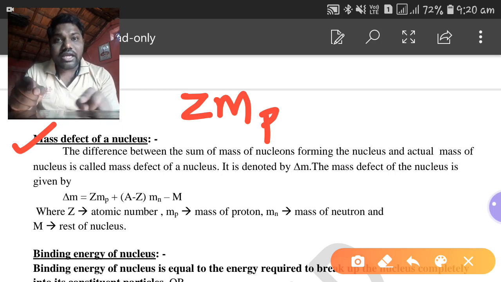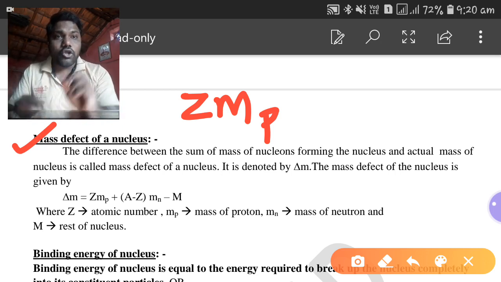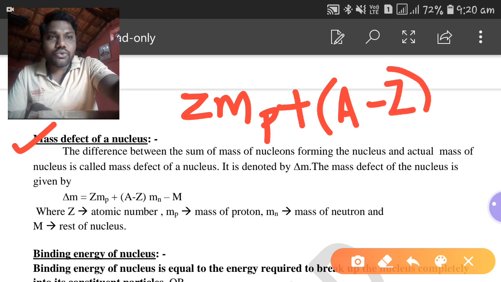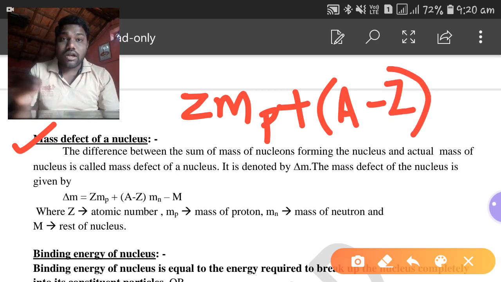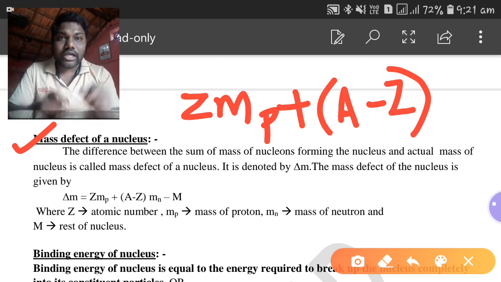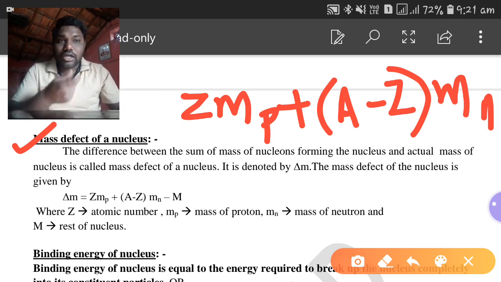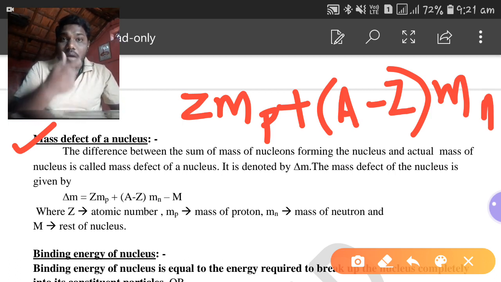This gives the total mass of protons. Plus A minus Z, which gives the number of neutrons present inside the nucleus, multiplied by the mass of each neutron, which gives the total mass of neutrons.